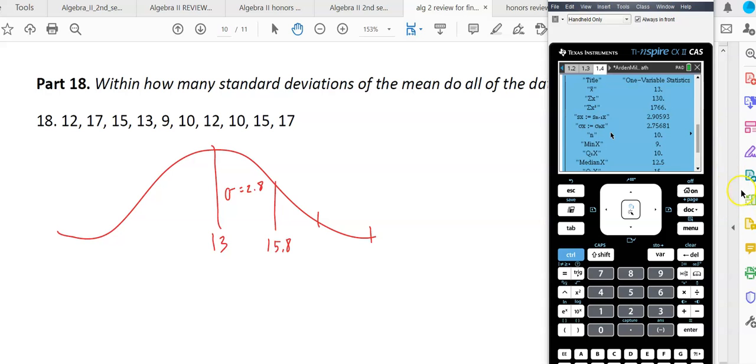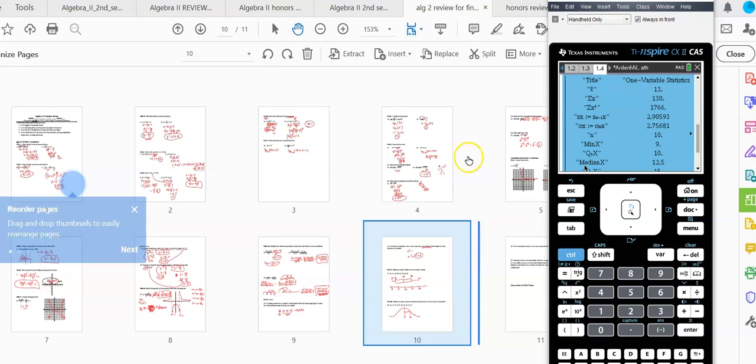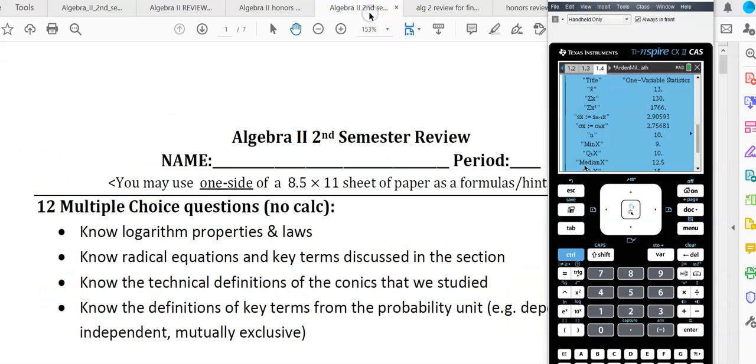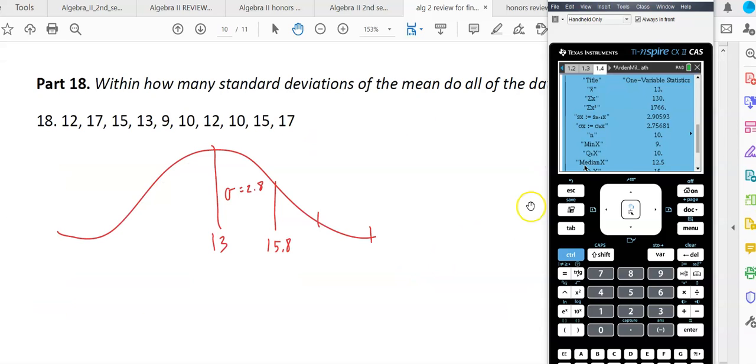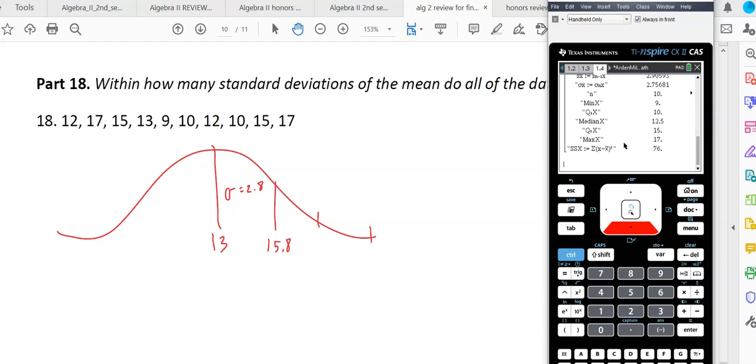Sometimes on the calculator, I will let it do the work for me. So 13 plus 2.8, so 18.6, then 21.4.